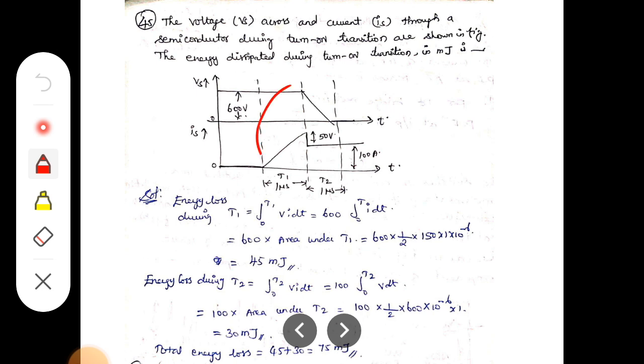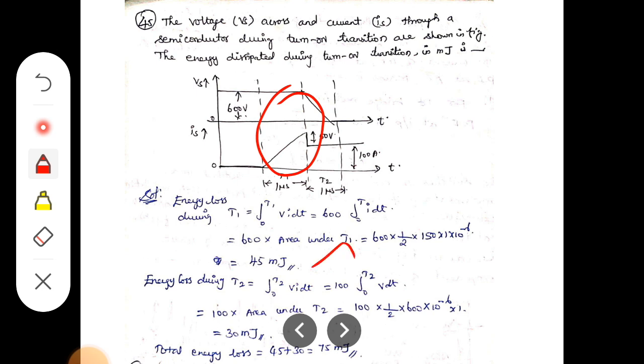So here 600, and I is variable, so the integral of I dt from 0 to T1. The area under it is a little bit triangle shaped, so that's why it is calculated as half base into height. So half into 150 into 10 to the power of minus 6. So the overall value will be calculated like this. So the energy loss during the period T1 is 45 millijoules.